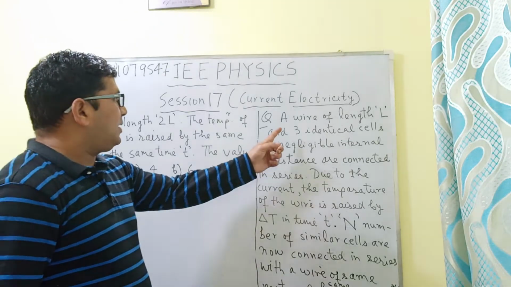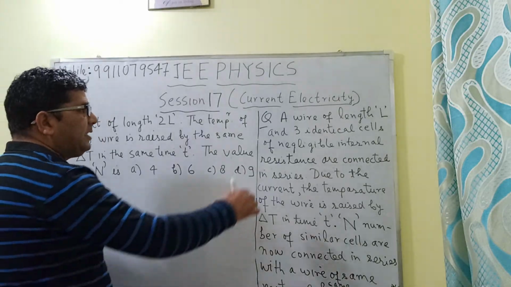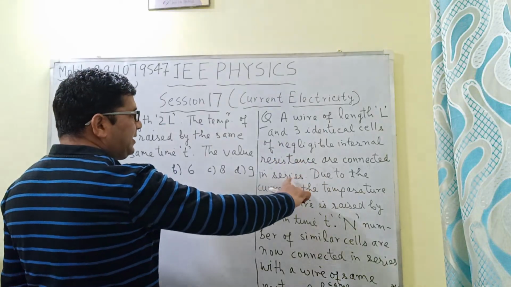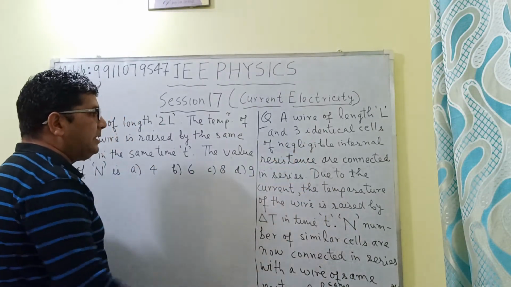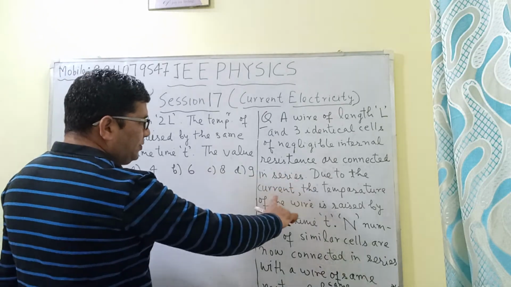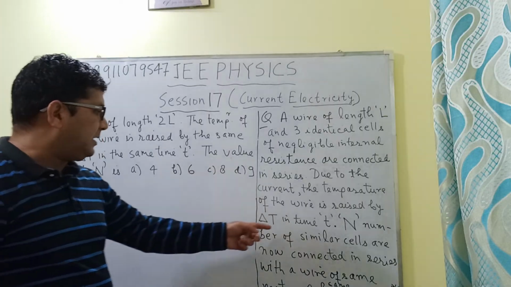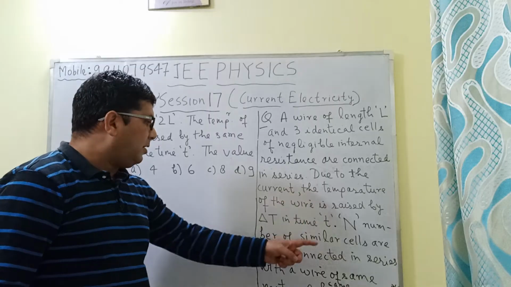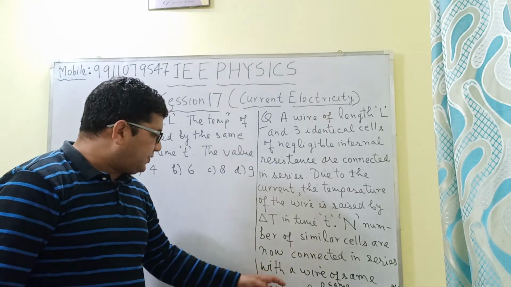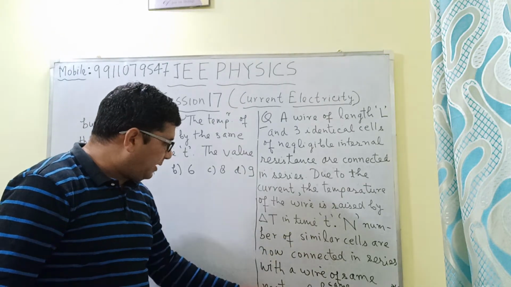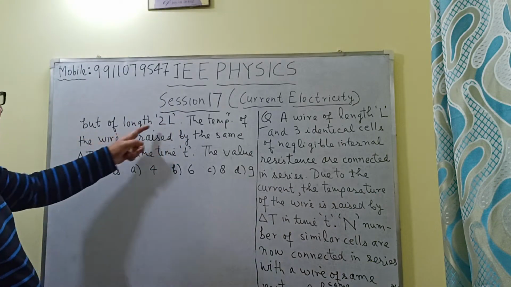Now, in the question here, there is a wire of length L, and there are three identical cells which are connected in series. And these cells have got negligible internal resistance. Due to the current which is flowing in this wire, the temperature of the wire is raised by delta T in a time interval T. Now, a number of similar cells are connected in series with a wire of the same material and same cross-sectional area but of length 2L.